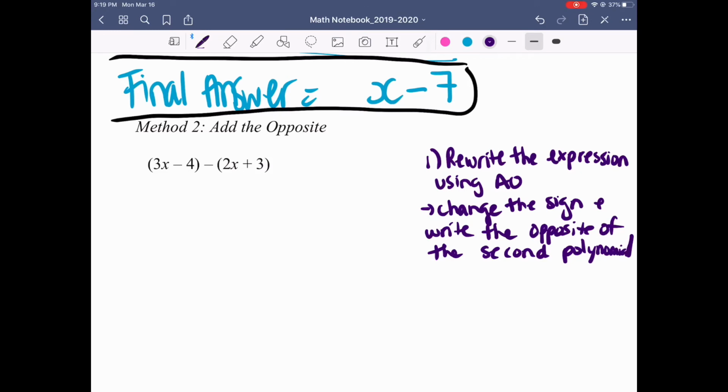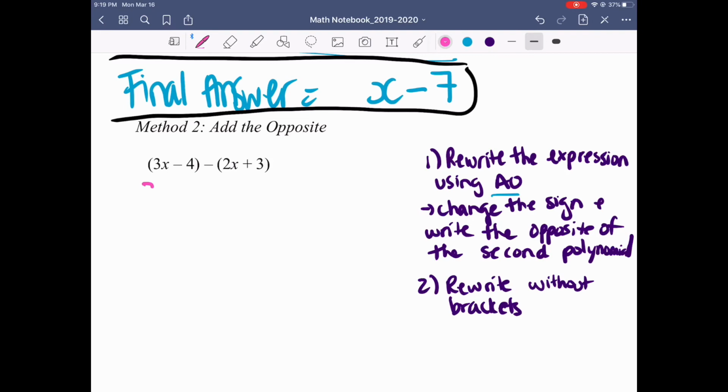And then step 2, we are going to rewrite without brackets, because once we do AO, we change it to addition, which we saw up there, and once we have addition, we can just remove the brackets. So let's do step 1 and step 2 first.